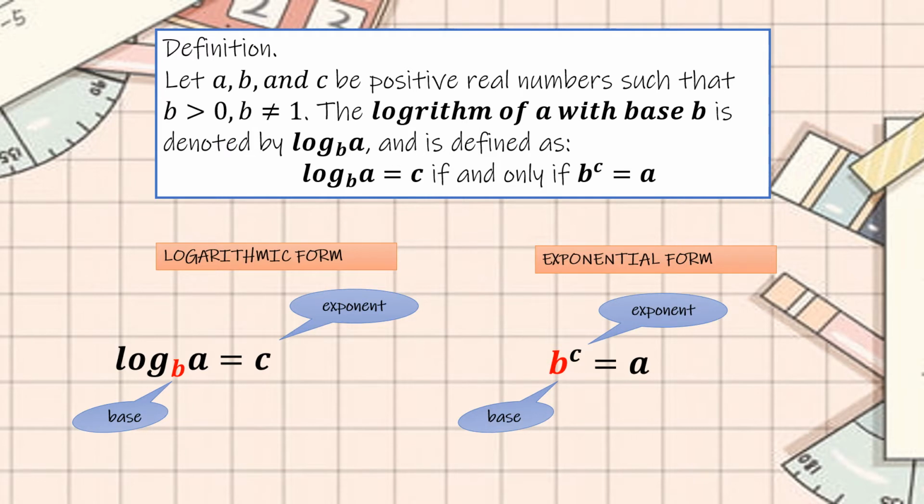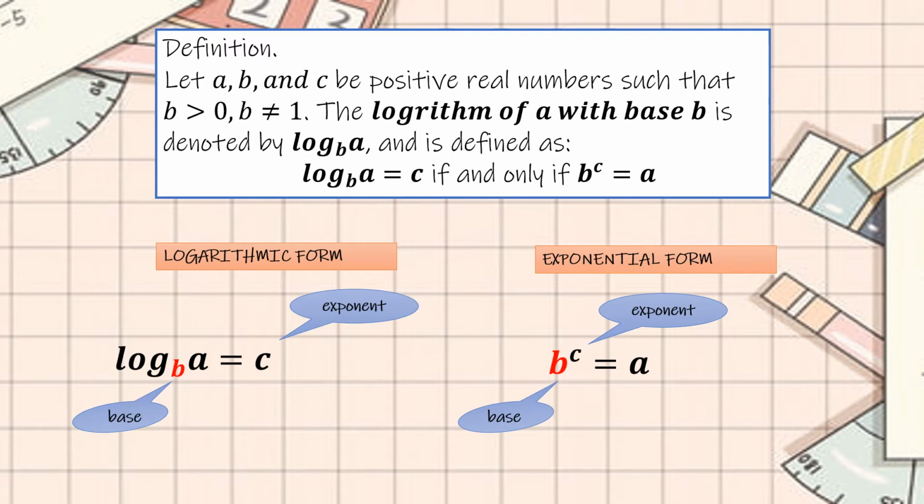Okay, so by definition, let A, B, and C be positive real numbers such that B is greater than 0 but not equal to 1. The logarithm of A with base B is denoted by log B of A and is defined as log B of A equals C if and only if B raised to C is equal to A. So, ibig sabihin lang nito, yung ating logarithmic form, pwede natin siyang isulat as exponential form or vice versa.